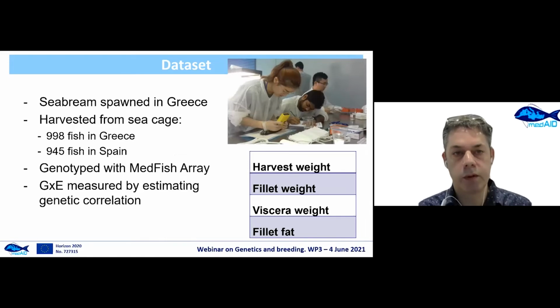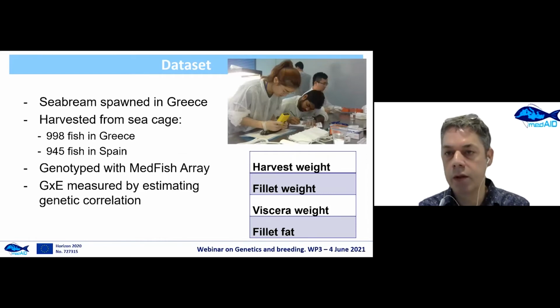went to both sites, and we harvested from the sea cage around 1,000 fish. We phenotyped them for the traits that are here listed on the right. We have harvest weight, fillet weight, visceral weight, and fillet fat. Here at the top in the picture, you see some of the students, masters and PhD students that were involved in the practice.